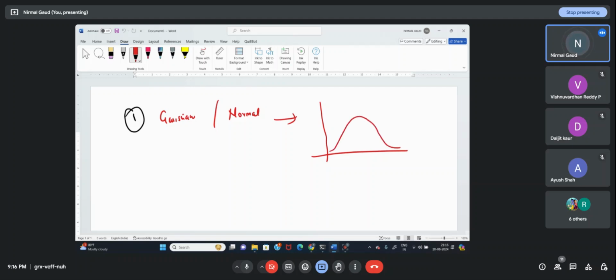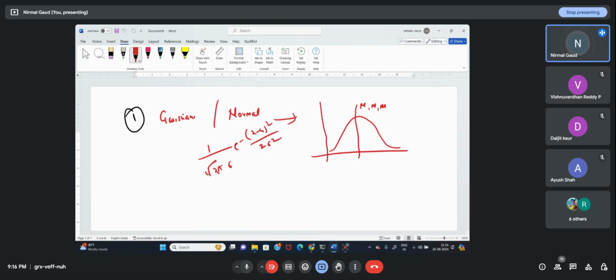Mean, median, mode are all equal. And the formula for the normal distribution is 1 upon square root of 2 pi sigma, e to the power minus (x minus nu) whole square divided by 2 sigma square.